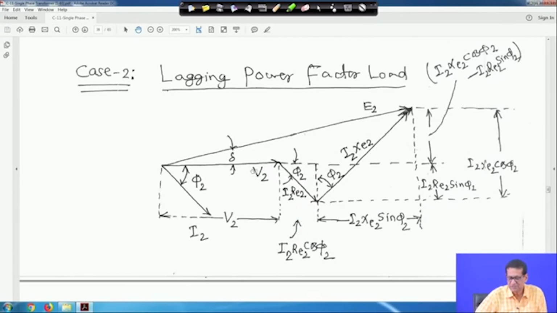Now, as an approximation you can write E2 cos delta, this portion, equal to V2 plus I2 Re2 cos phi 2 plus I2 Xe2 sin phi 2. That is what we have written here.